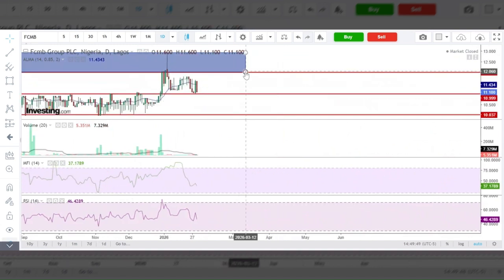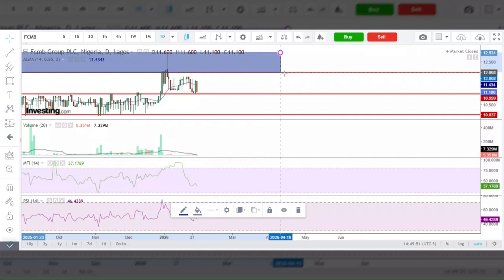I will be doing more technical analysis on other stocks, for example May and Baker. We also have Better Glass, International Breweries, Fidson. All those stocks are also good stocks.